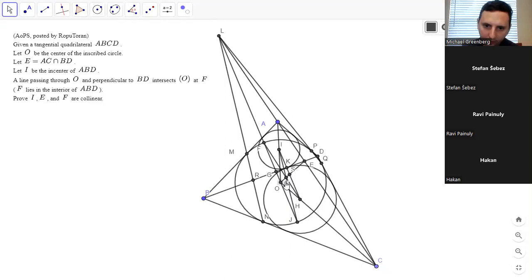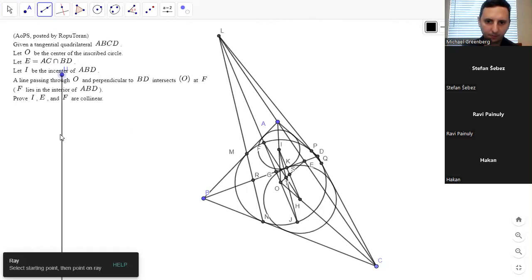Okay, O, T, S, and E. So O goes to infinity, and then we have H, S, K, so that would be KS and the intersection of GT and IH.